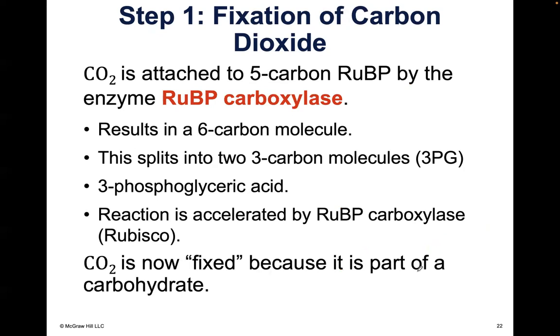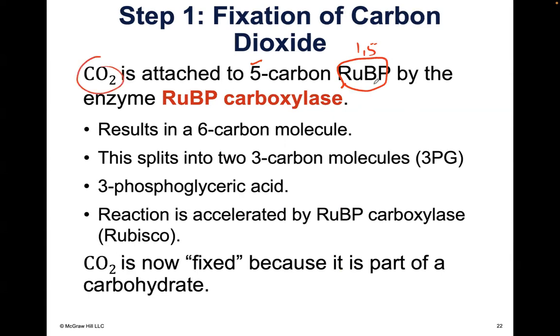Now let's talk about the fixation of carbon dioxide. The CO2 is attached to a 5 carbon molecule. I want you to understand this concept very well. We have the 5 carbon, RuBP, which is ribulose 1,5 bisphosphate.